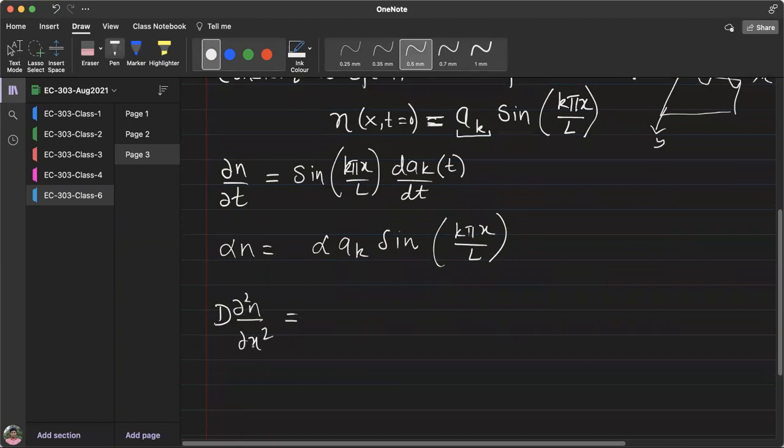This is a spatial derivative. If I apply it to the perturbation, what do I get? Does A_k depend on x? No, the x dependence comes entirely from the sine, so A_k remains exactly as it is.